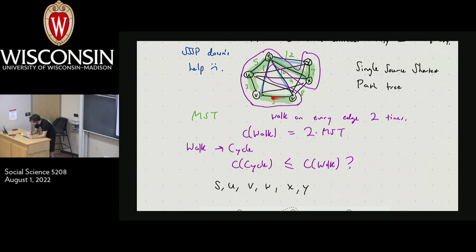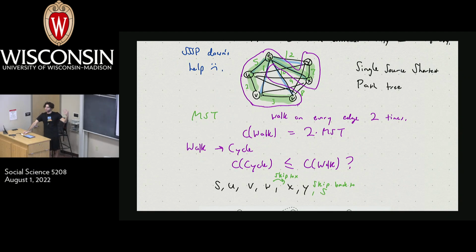So instead of doing that, just don't repeat the nodes, just skip directly to X. And because of the triangle inequality, skipping directly to X will cost less than going through this entire path to get to X. So we can just skip to X. And then once we're at Y, we skip back to S.